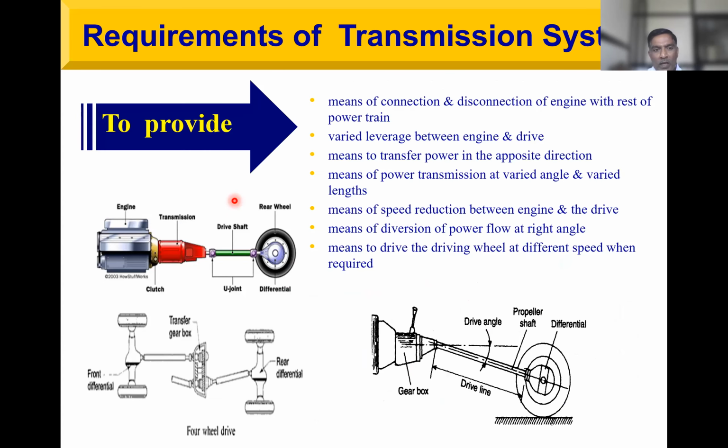Okay. Then second requirement, that power, whatever power generated inside the engine, that has to be transmitted to the gearbox, and in the gearbox, based on the requirement of the torque, whether vehicle is running on the plain road, whether vehicle is running in hilly terrain.